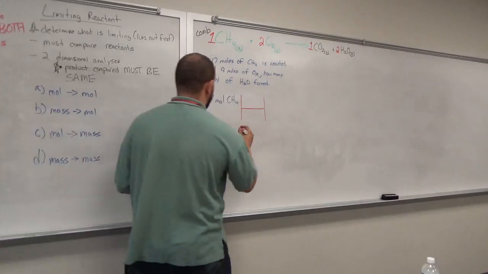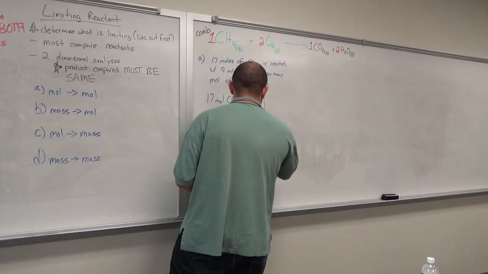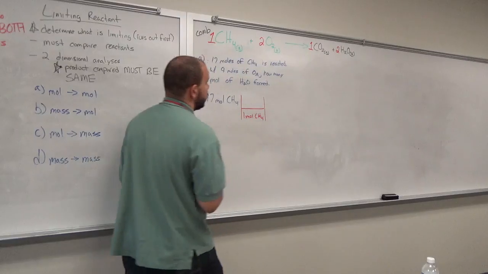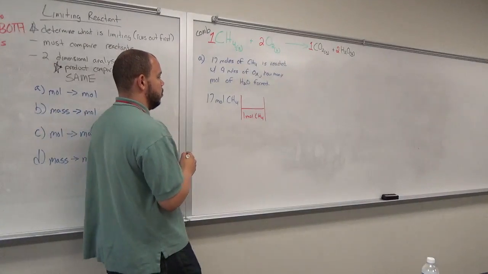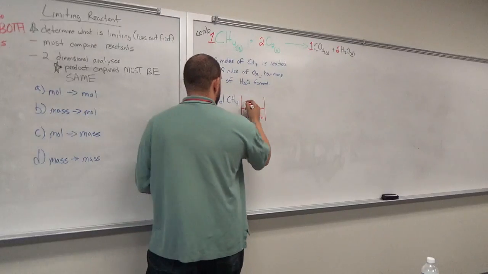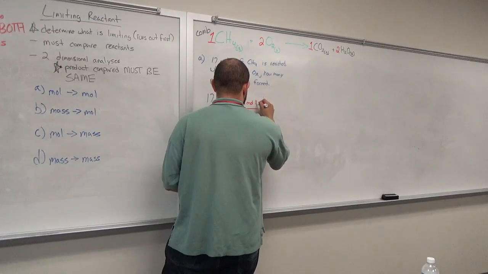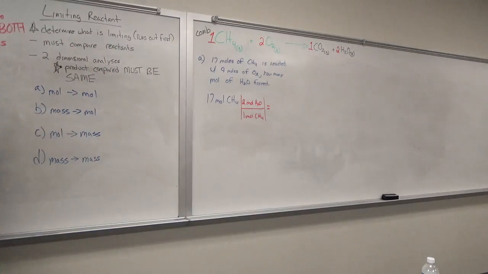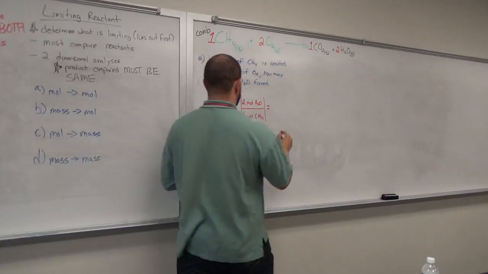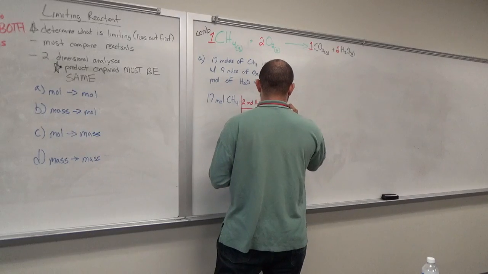Always. 1 mole CH4. Top, 2 moles of water. This is a mole to mole. Do we have any more steps after that? No, this is not a multi-step. This is a one-step. This number, 34.